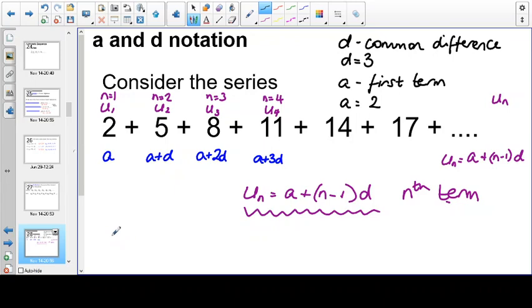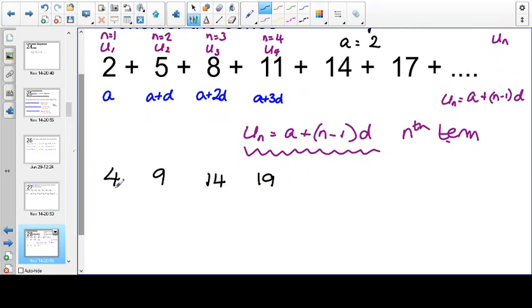If I'd have picked 4, 9, 14, 19, it wouldn't have made any difference. A would have been 4, D would have been 5, this would have been A, this would have been A plus D, and so on.